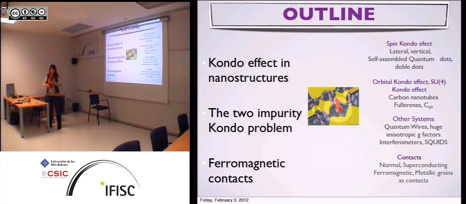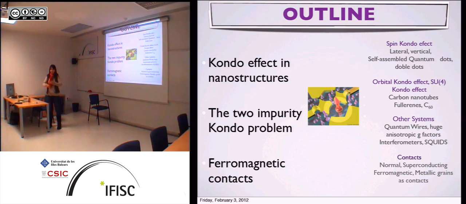Okay, there are numerical techniques to do this, like the numerical renormalization group. We have an expert in the audience on this, so if someone wants to know more about it, you can ask him. But it is only valid at equilibrium, and then there are other techniques that are important for treating many-body problems, like diagrammatic techniques, Green functions, and the slave boson representation, which are very detailed things.